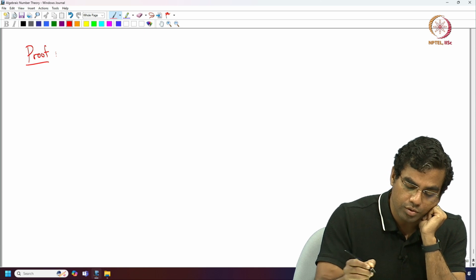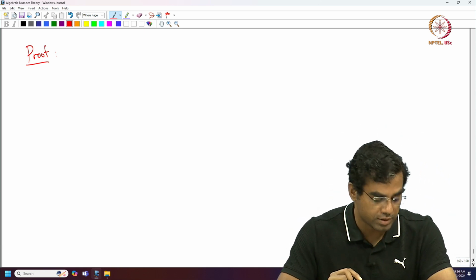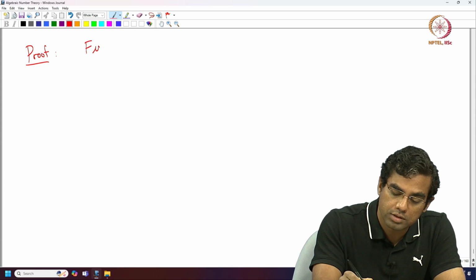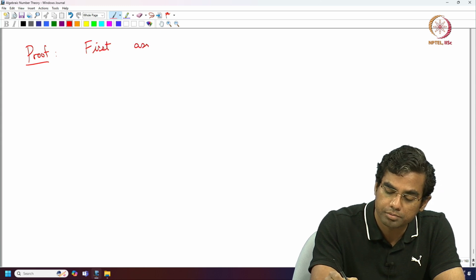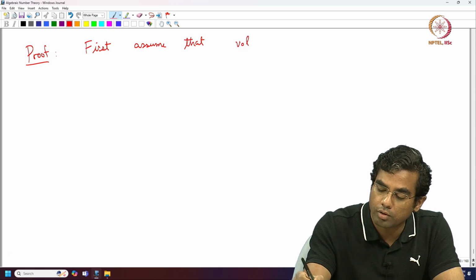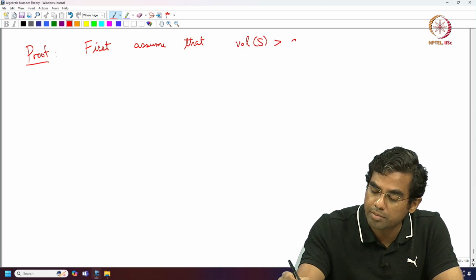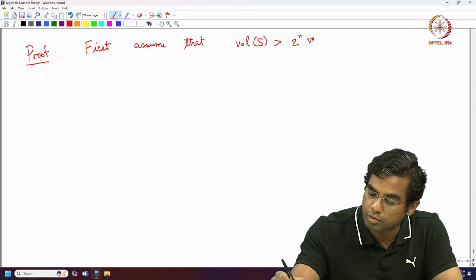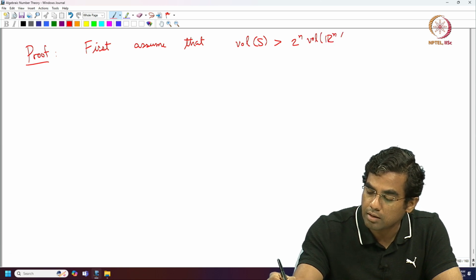So, what we are going to do first is we are going to prove this result in the case when, so first assume, that volume of S is strictly bigger than 2 to the n times volume of R to the n mod lambda.